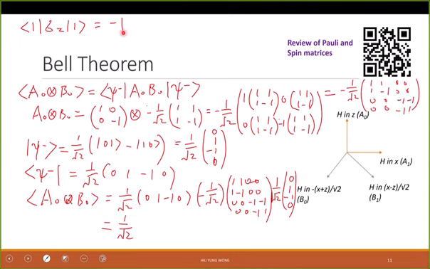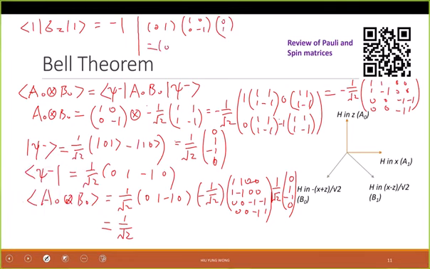But in general, you might not have 1. You have alpha, beta. And this is easy to prove because 1 is 0, 1. Sigma C is 1, 0, 0, negative 1. And this is 0, 1 because it is 1.